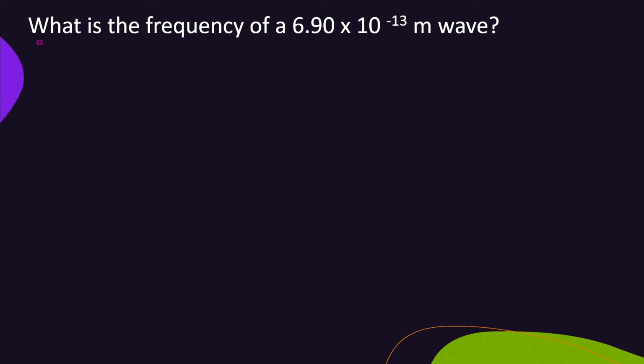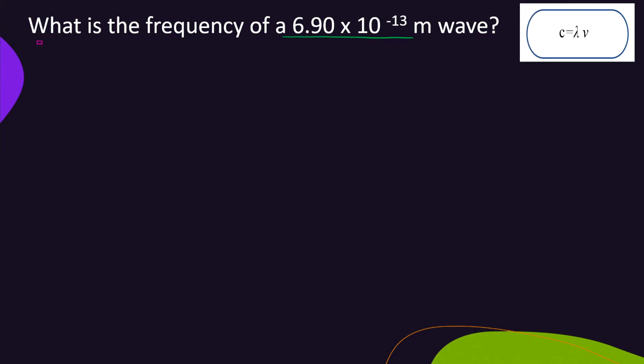So next question, what is the frequency of 6.9 times 10 to the negative 13 meters? So again, we're using our same formula. So C is equal to our wavelength times our frequency. So we're looking for our frequency. So our formula will be C divided by our wavelength.